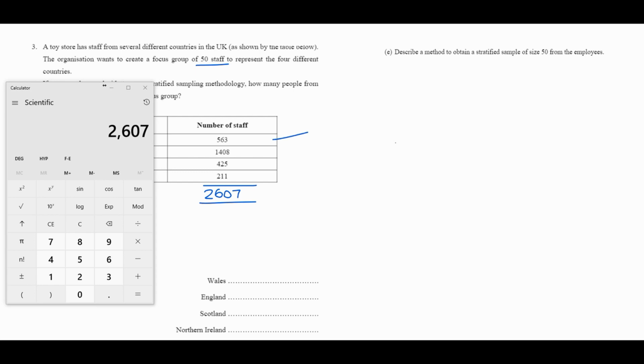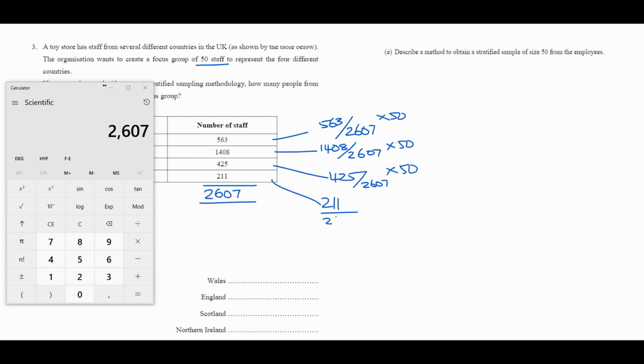So now we need to find 563 divided by 2607 times 50, and 1408 divided by 2607 times 50, and 425 divided by 2607 times 50, and 211 divided by 2607 times 50. Right, now let's do some quick calculations.